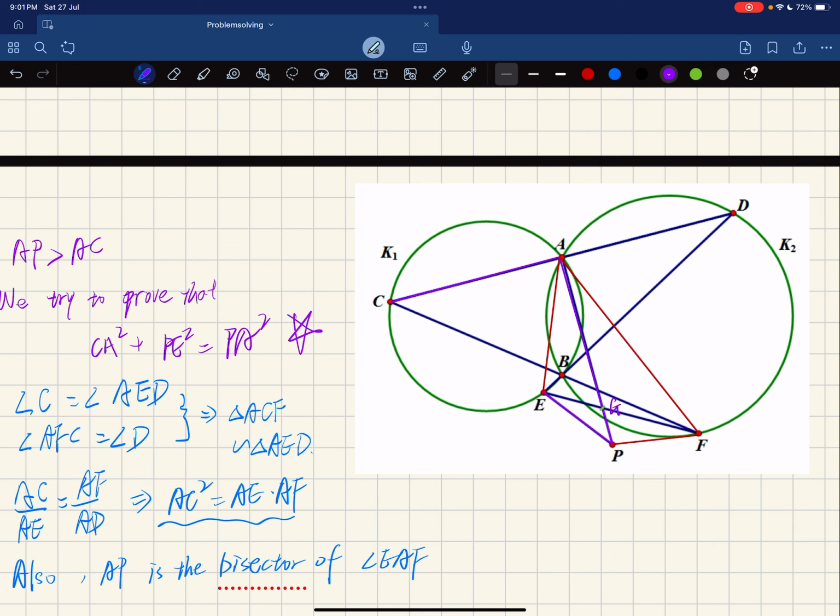If we have the similar triangles like PEG and PAE, we must have PE squared equals to PG times AP. So we connect the segments PE and PA.